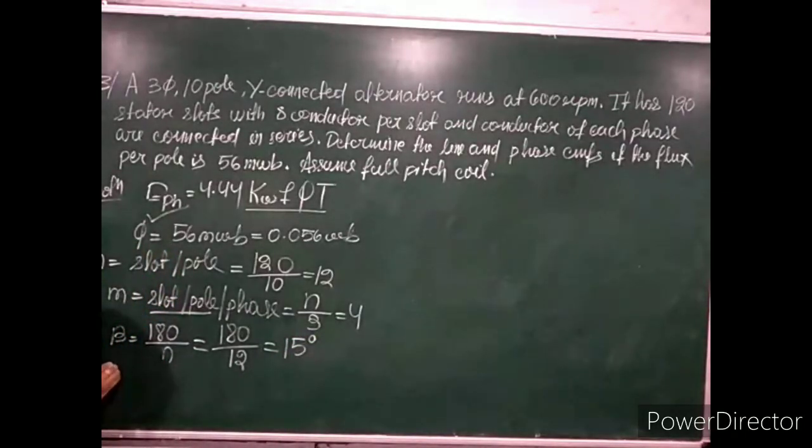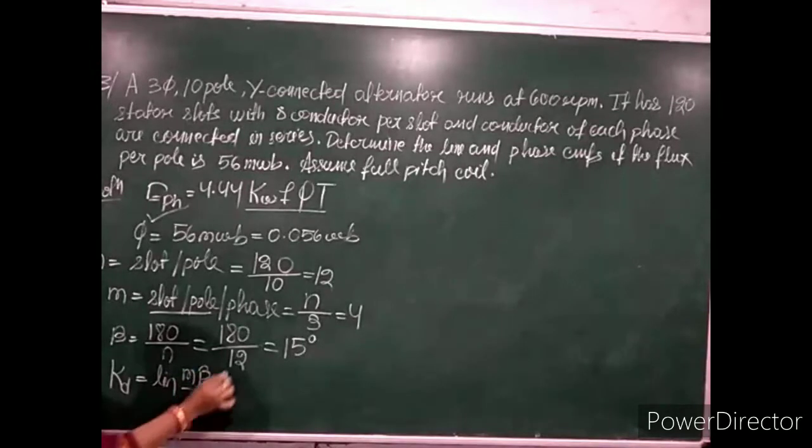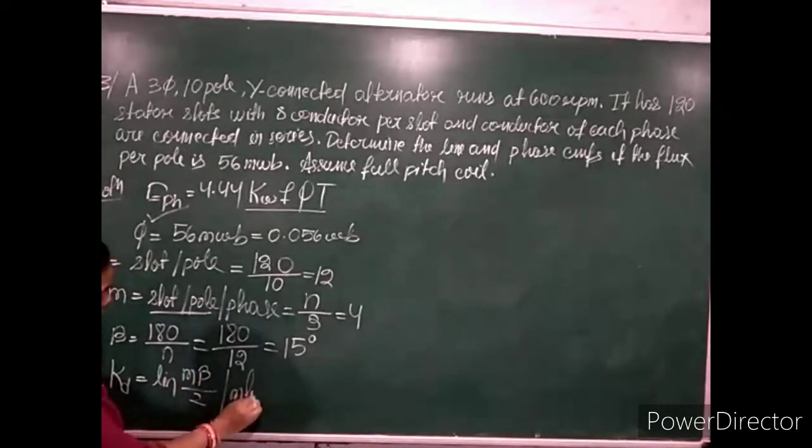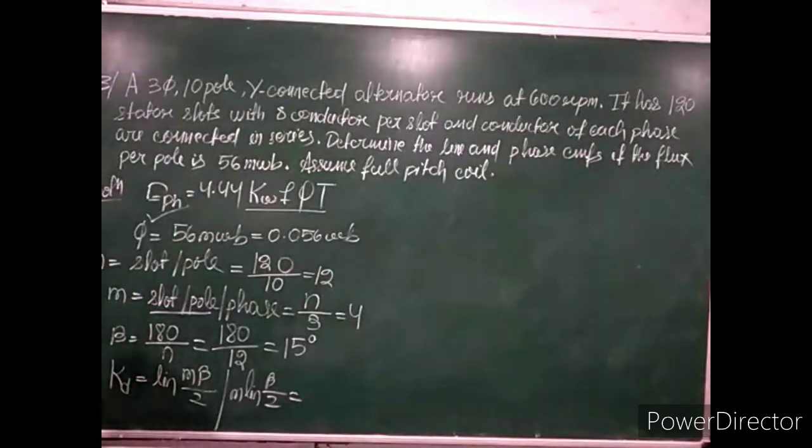Next we find the distribution factor, that is sin m beta by 2 divided by n sin beta by 2.